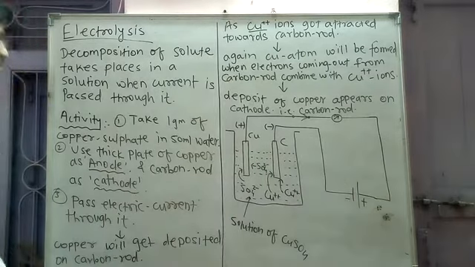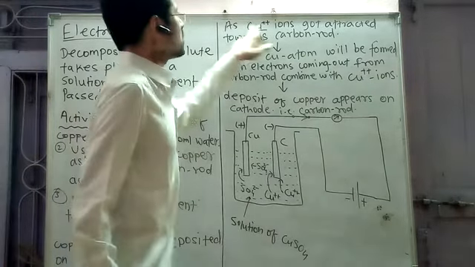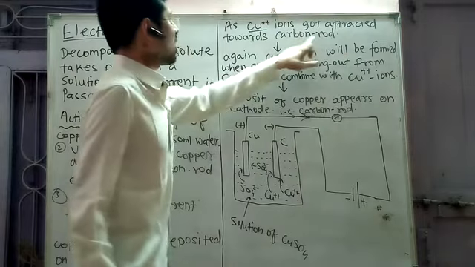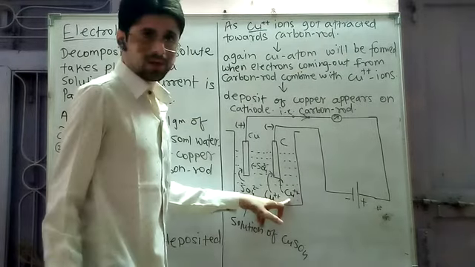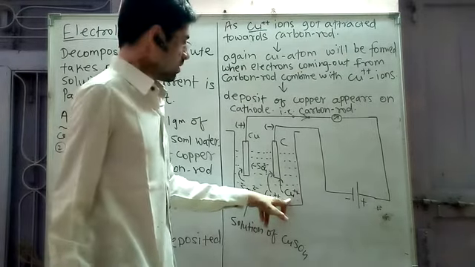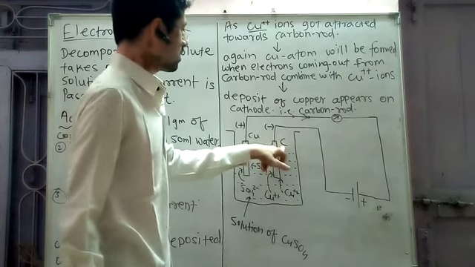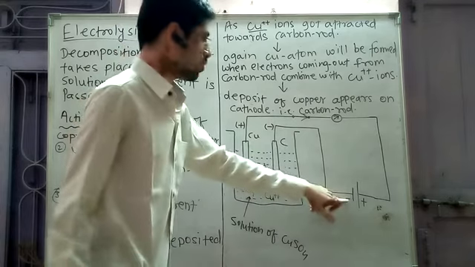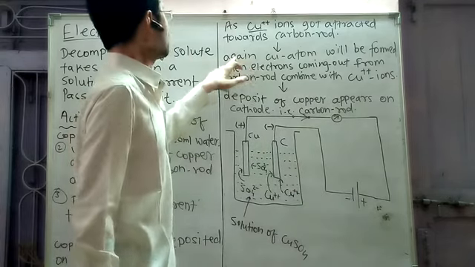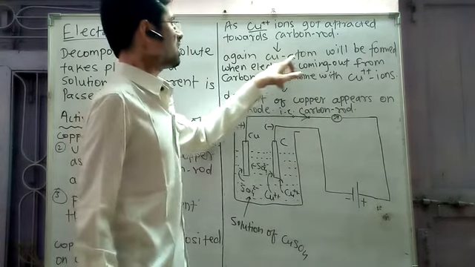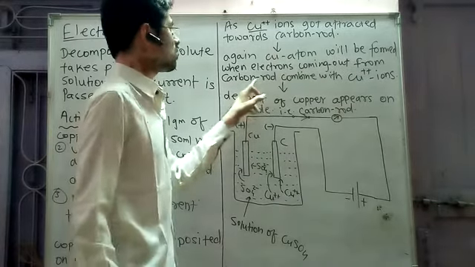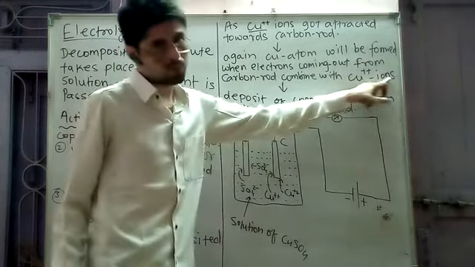The Cu++ ions get attracted towards the carbon rod, as we have explained earlier, because it is connected to the negative terminal. Normal copper atoms are formed when the electrons coming out of the carbon rod combine with Cu++ ions.